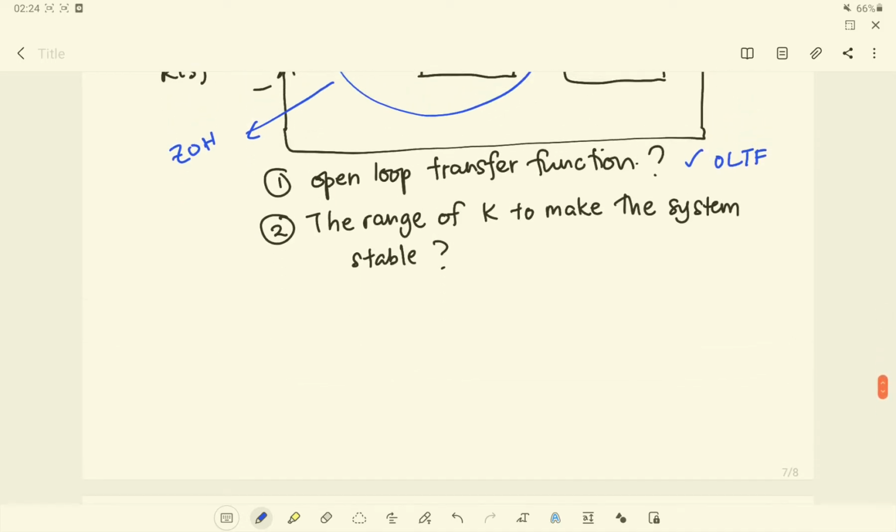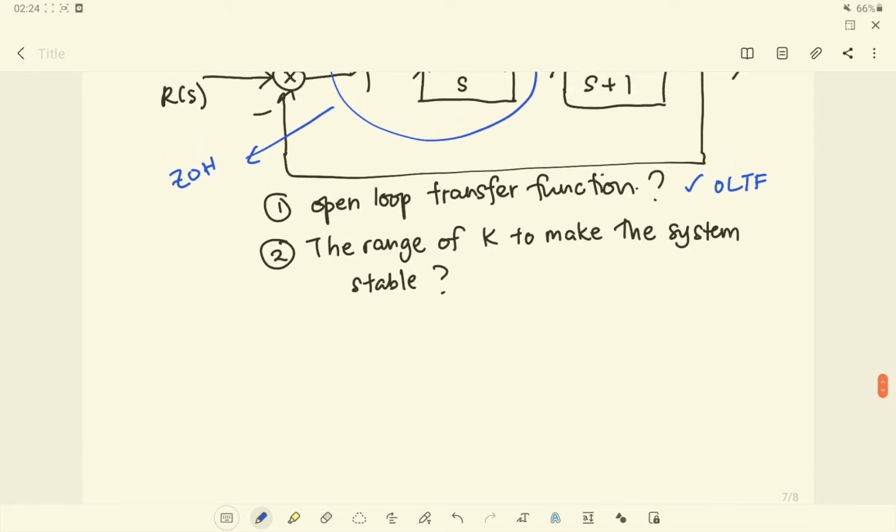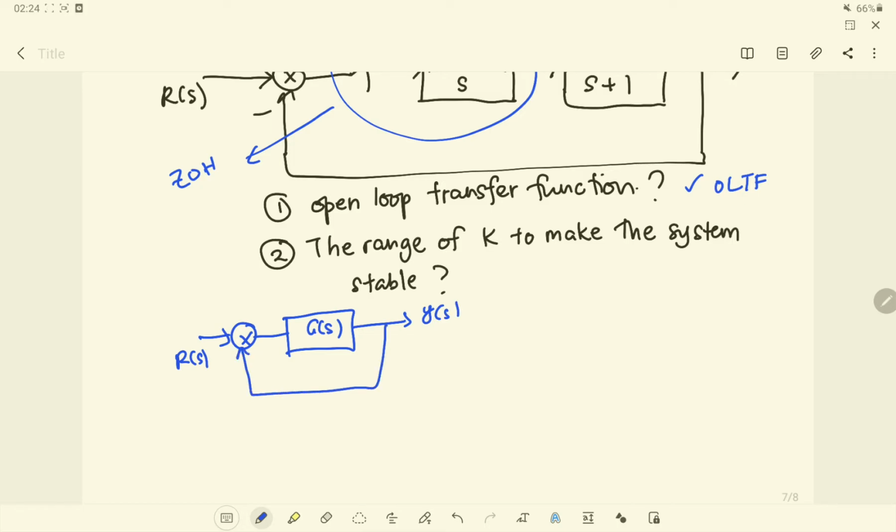Now, an example. Let's say you have one normal system, something you're familiar with: input R(s), then one system G(s), then the output Y(s), and then you have one feedback with a plus-minus summation.